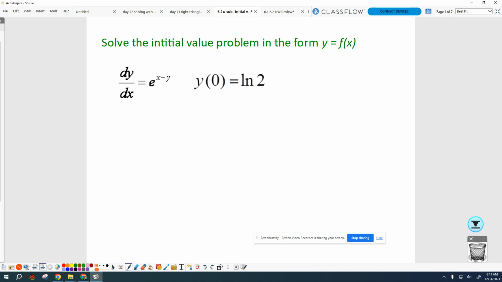Try separating the variables. Derivative of y is, okay.